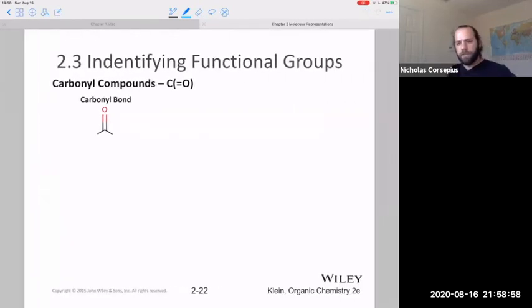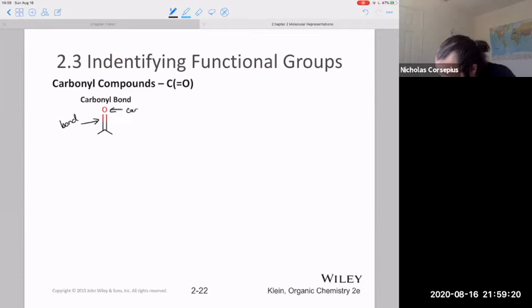Okay, so I've sort of broken the functional groups up into two different things. This next class all contains what is called a carbonyl group or a carbonyl bond. So this is very specifically the bond that I'm talking about when I say a carbonyl bond, a carbon double bonded to an oxygen. So this is the carbonyl bond.